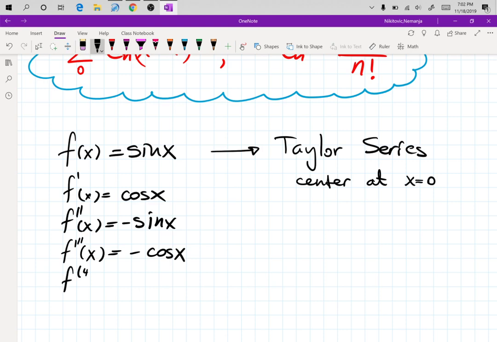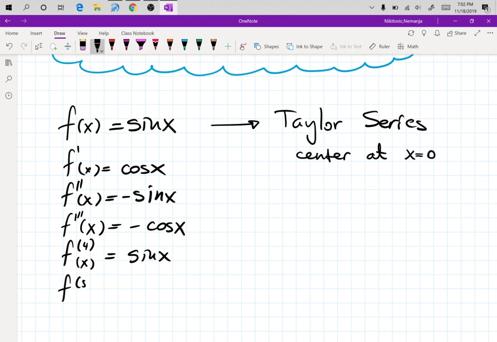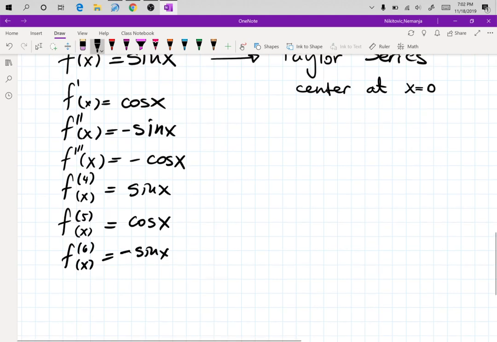And the fourth derivative, there's your notation now, with the 4, is going to go back into sine x, and it's going to start to loop. Fifth derivative of x is cosine x. I'm going to regret putting all of this there. Sixth is negative sine x, and that is going to go forever.